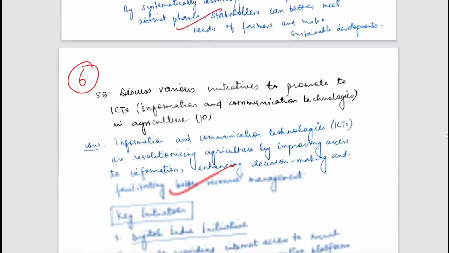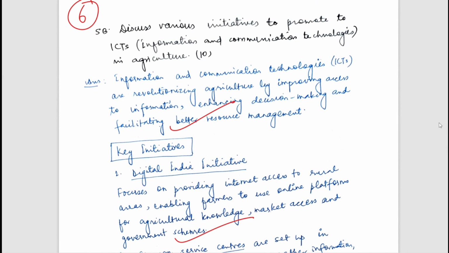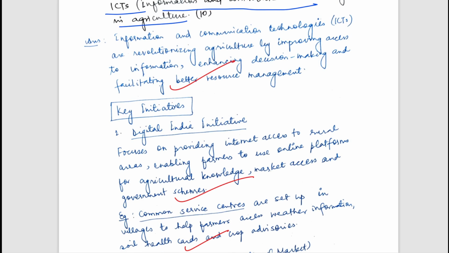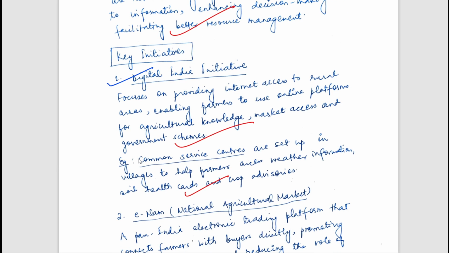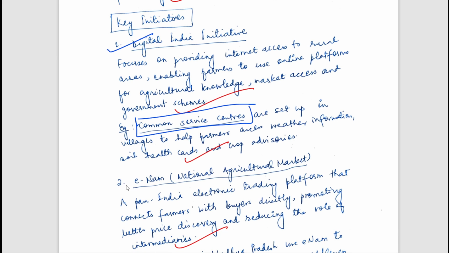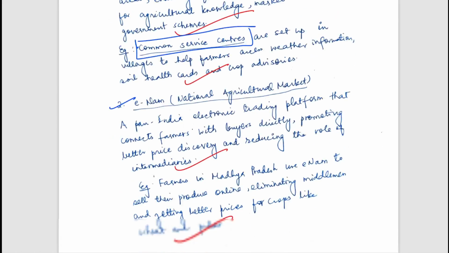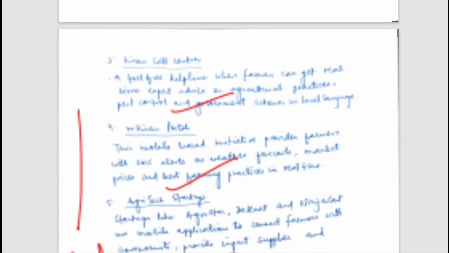Now the next question is discuss various initiatives related to promote ICTs, that is information and communication technologies in agriculture. So various initiatives are Digital India initiative, for example, Common Service Centers. We all know CSC centers are established which can give updates related to weather, soil health card, etc. eNAM, another good example of technology.